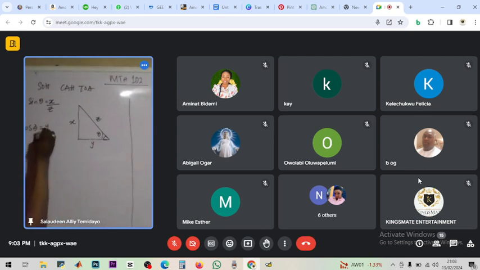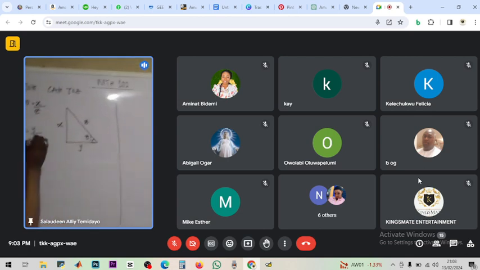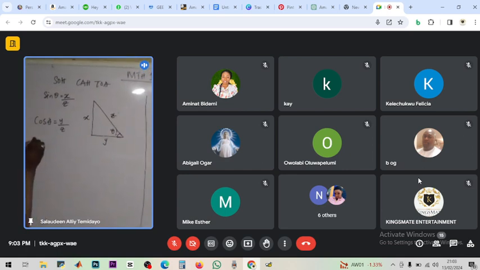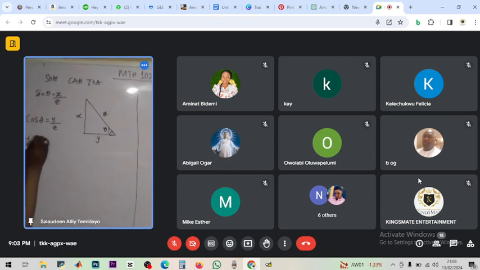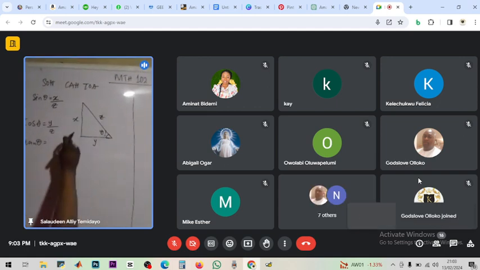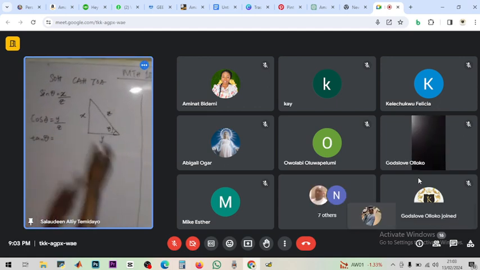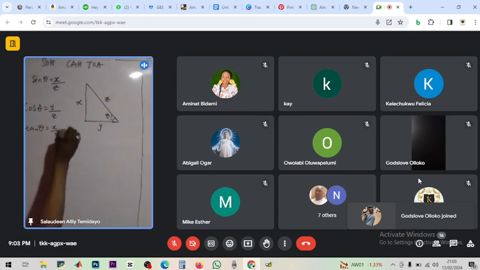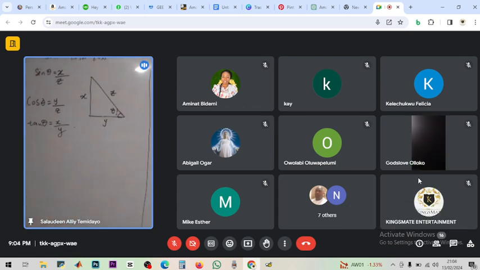Adjacent is y over hypotenuse z. Another one is tan. Tan theta equals TOA, that means opposite over adjacent. Opposite is x over adjacent, y.